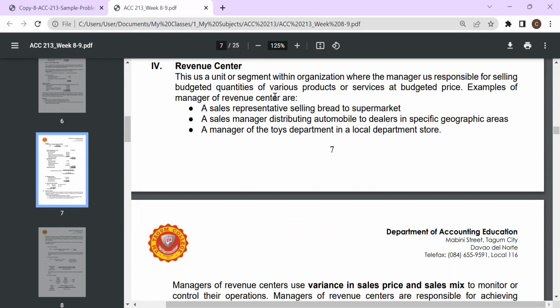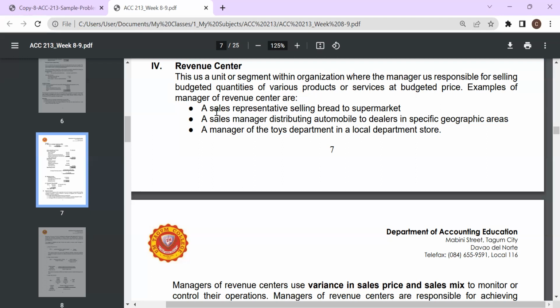This is a unit or segment within an organization where the manager is responsible for selling the budgeted quantities of various products and services at budgeted price. So it's more concerned with the gross amount, not the sales or the revenues.